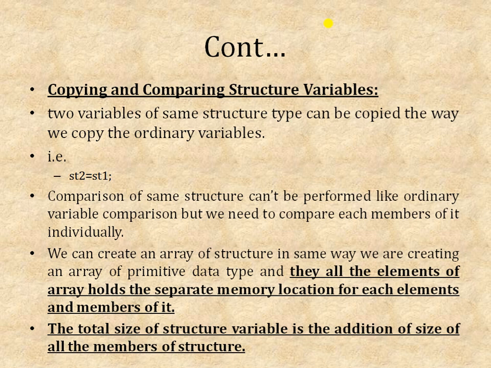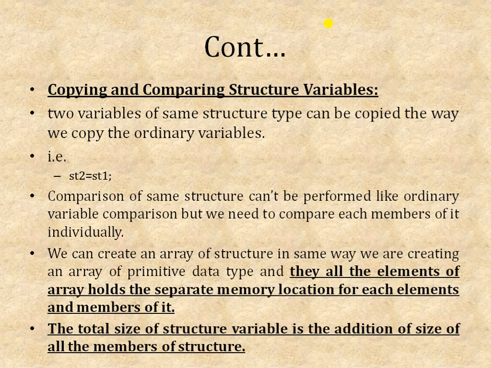Then I can copy st1 to st2 by writing st2 equals to st1, so that all the values assigned to the members of st1 will be assigned to the members of st2. In other way, I have created a duplicate version of st1. They both are having the separate memory space.